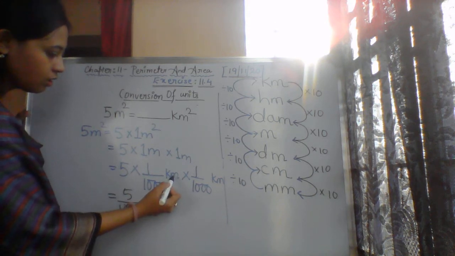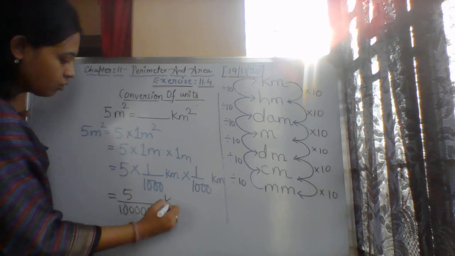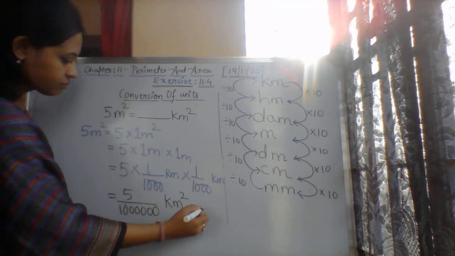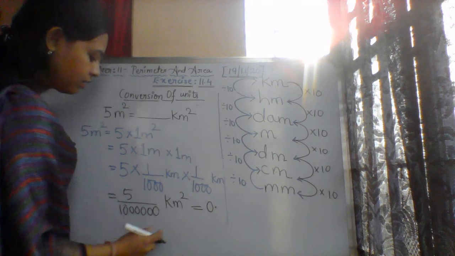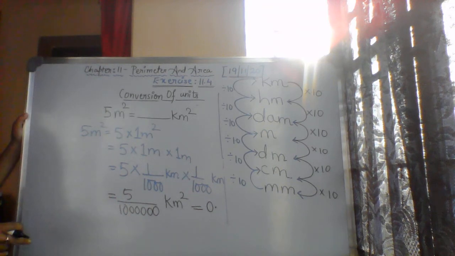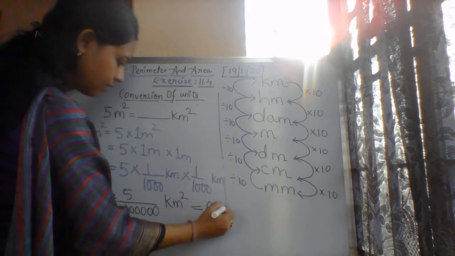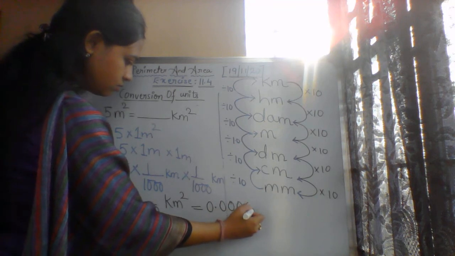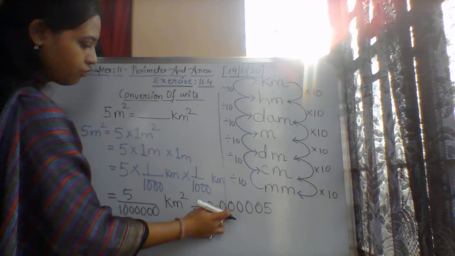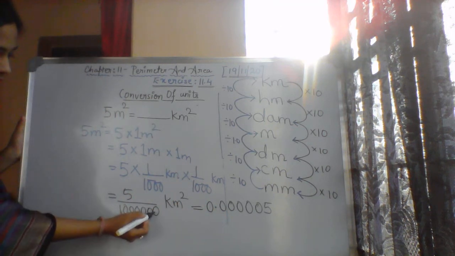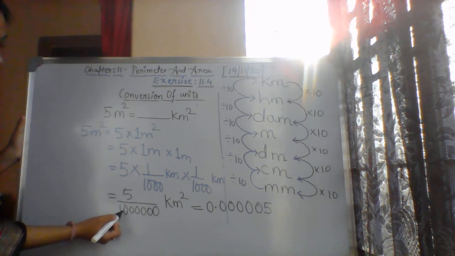That much kilometer into kilometer, kilometer square. So, that value will come as 0 point, you know how to put the decimal? 0.0005. 1, 2, 3, 4, 5, 6. Since 6 zeros are there.